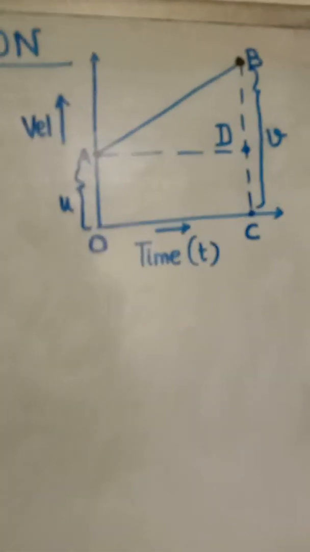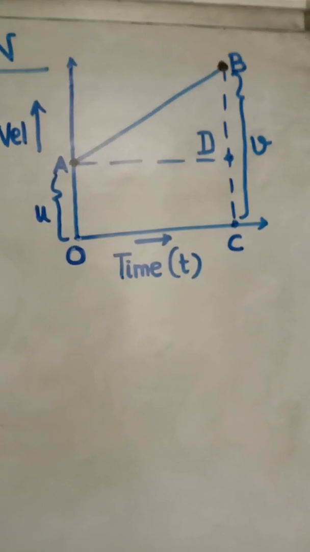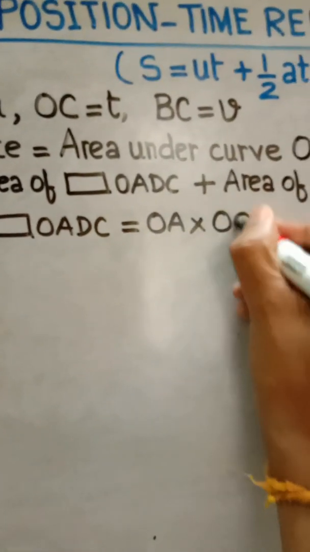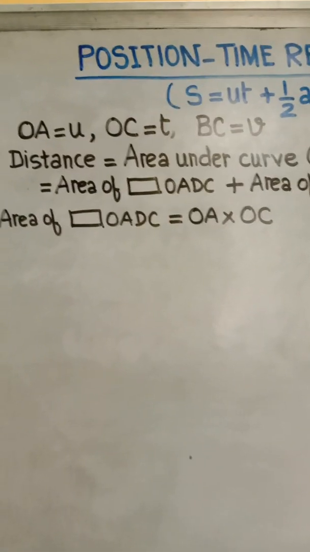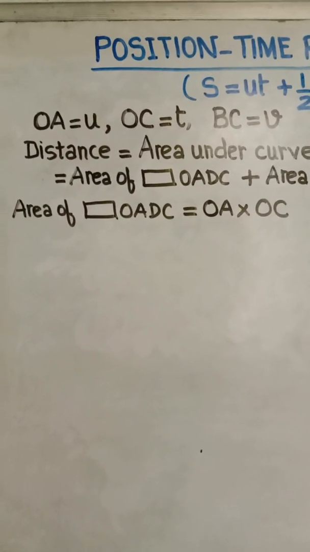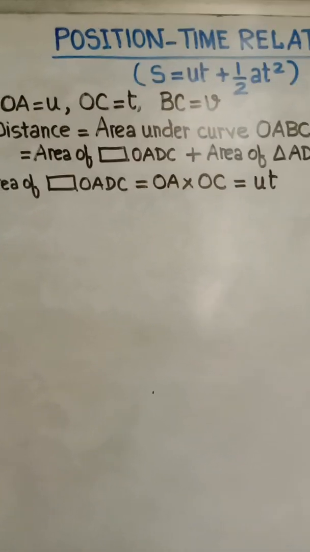I guess you know how to calculate it. It is length into breadth, OA into OC. Now if you check the above part, OA and OC are given to you. It is u multiplied with t, you will get ut.